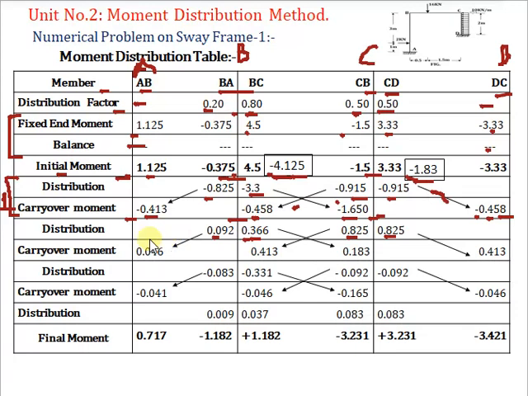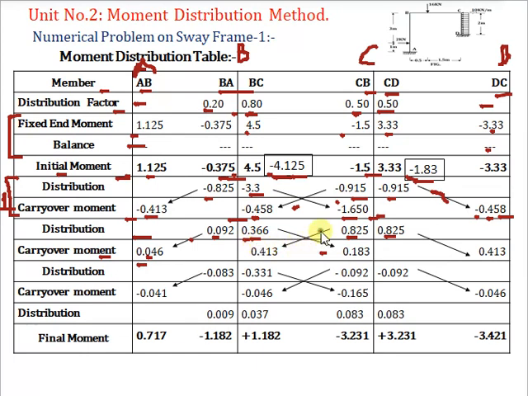After distribution we have to do the carryover. Carry half the moment to the far end: 0.092 divided by 2 becomes 0.046. Next carry over from B toward C: 0.366 divided by 2 becomes 0.183.